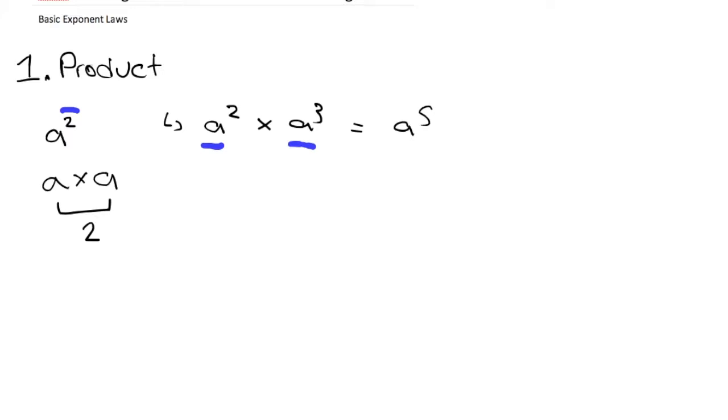Well, some of you are asking why, how did you actually do that? Well, the product exponent law works as when there's two exponents that are being multiplied together, you can simply just add both the powers, which in this case is 2 and 3. So a to the power of 2 plus 3 is equal to a to the power of 5, of course.